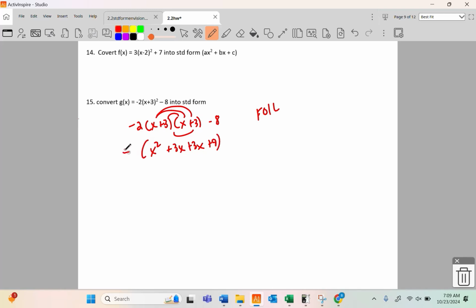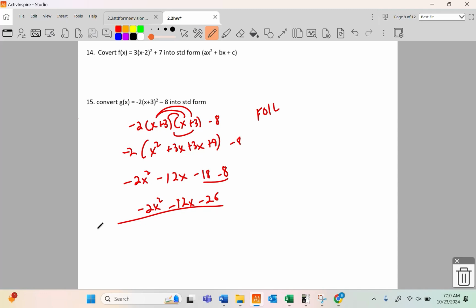And all that has a -2 out front. Notice how I did the FOIL operation first. I didn't want to double x plus 3. It would have made it harder. Use the distributive property. There's going to be 6x here, so times a -2 is -12x. And lastly, combine like terms. Those guys are alike. That's -26 when you put them together.